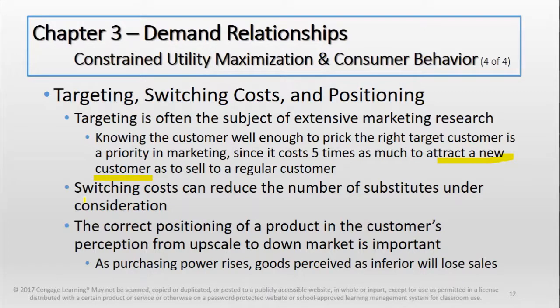So, ina na siya. Now, the correct positioning of a product in the customer's perception from upscale to down market is important. Now, as purchasing power rises, goods perceived as inferior will lose sales. So, diba, if makabantay mo, if ang tao mo daghan na again mo increase iyahang purchasing power, mas more inclined siya nga mupalit na og mga per se branded na mga stuff, diba?